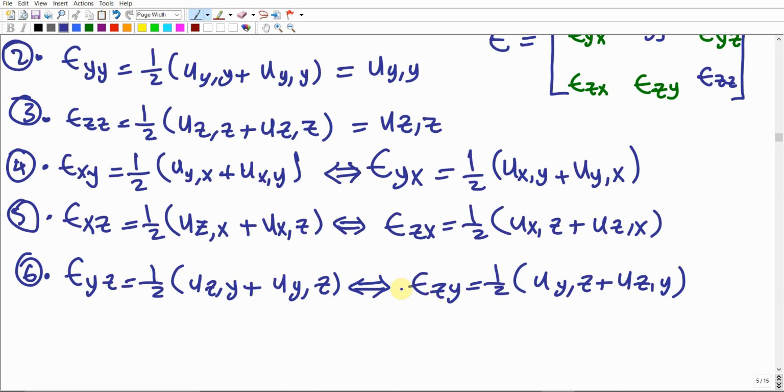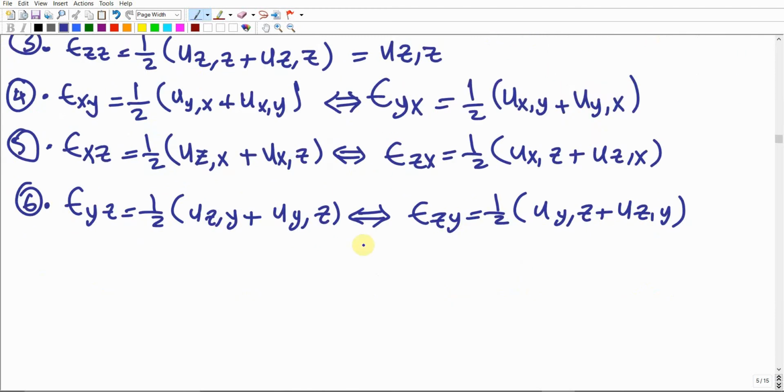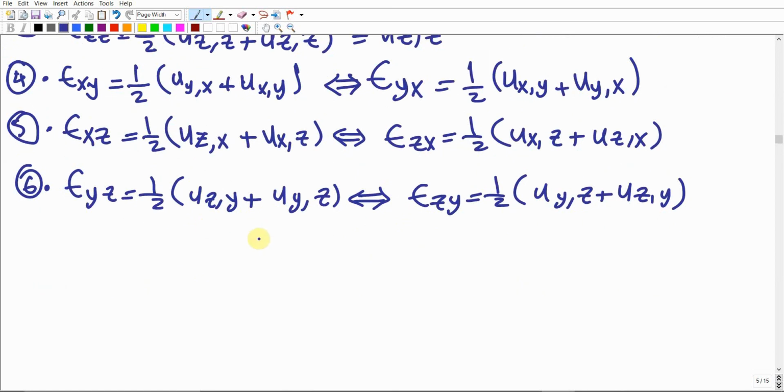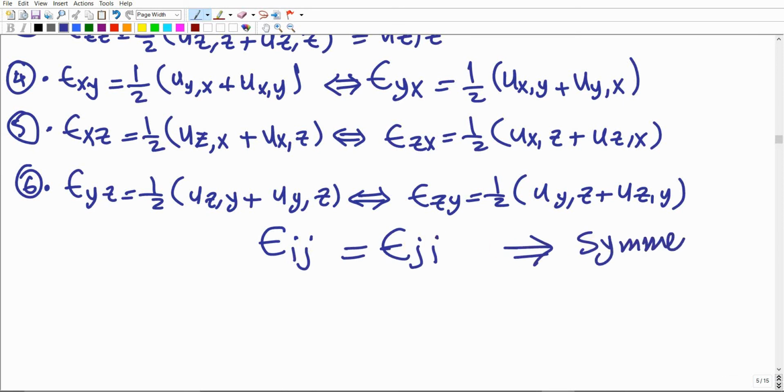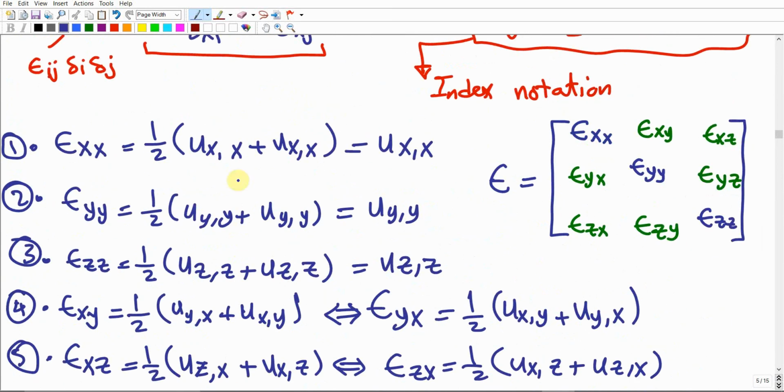It means that if you switch the indices, you're still going to end up with the same values. This indicates that in general, epsilon ij should equal epsilon ji, because why? Because this is a symmetric tensor. Make sense?